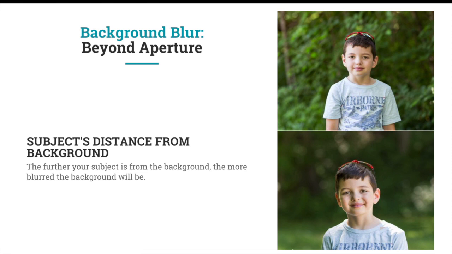I was stepping backwards, he was stepping forwards away from that same foliage. The light was essentially the same. All of my camera settings were the exact same. Nothing in my camera settings changed. The only thing that changed was his distance from that background. And you can see how much more blurred out that background is just by having him step away from the background.